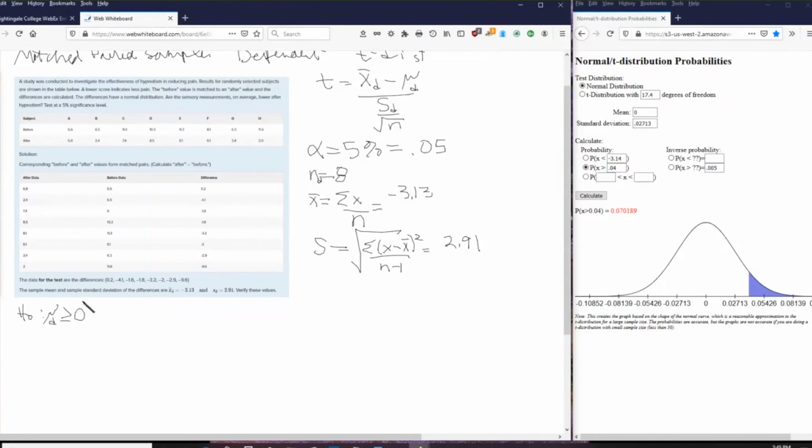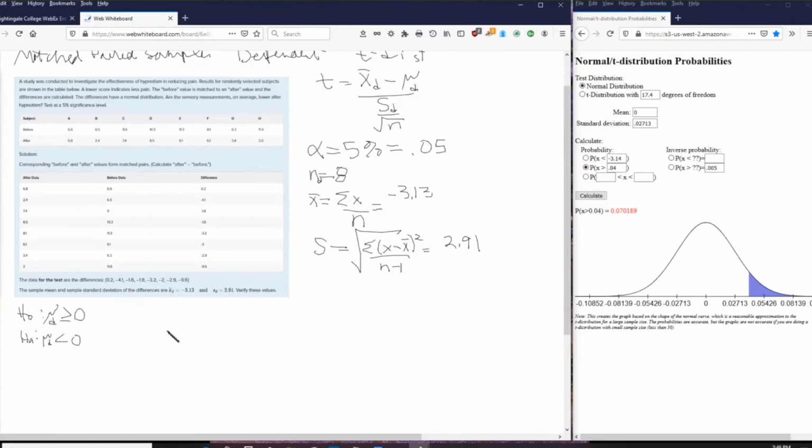So this says there's the same or more pain felt after hypnotism, and then my alternative is going to be that the mean of the differences is less than 0. So that means there's going to be less pain after hypnotism and that the subjects are going to show improvement. So our score should be lower, so the differences ought to be negative in order to indicate improvement.